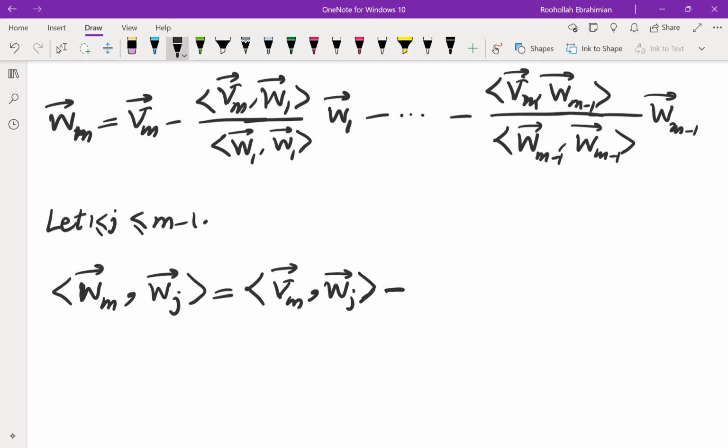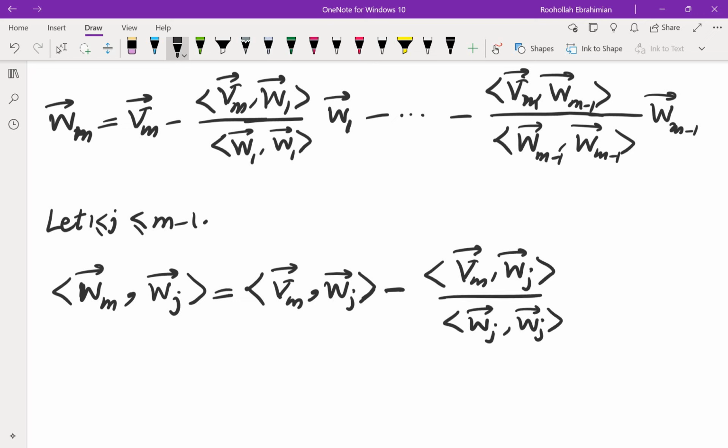Now wj is orthogonal to w1, w2, all the way to w(j-1). The only one that is not orthogonal is wj itself. So the remaining term is the inner product of vm and wj over the inner product of wj and wj, times the inner product of wj and wj. And these two cancel, since they are the exact same thing. So the difference would be 0.